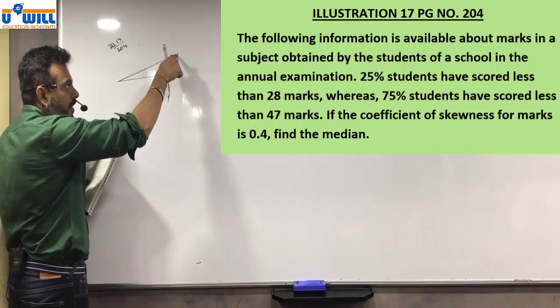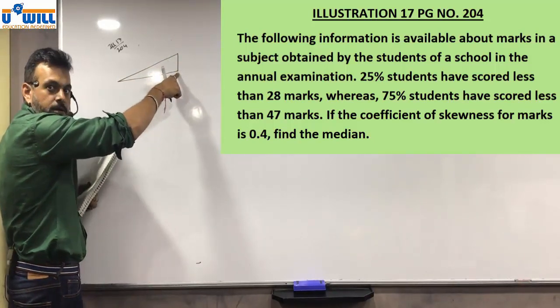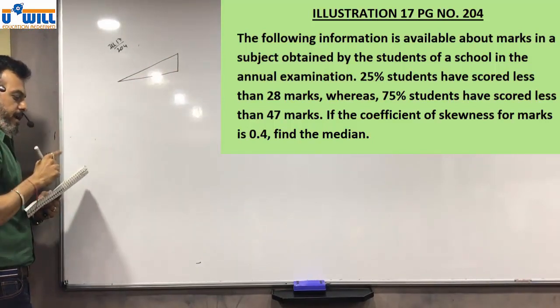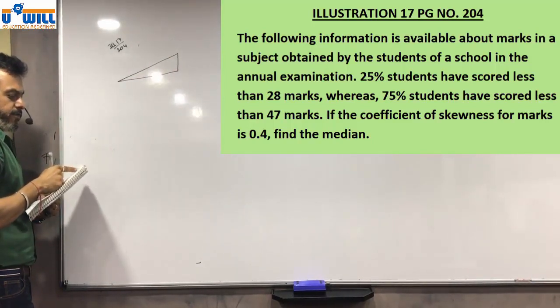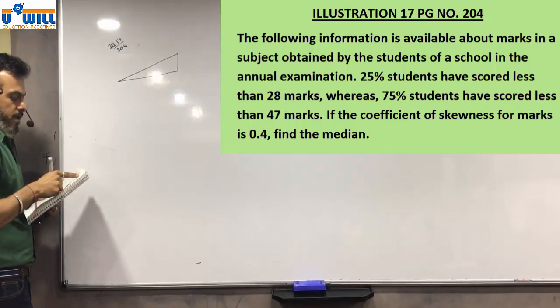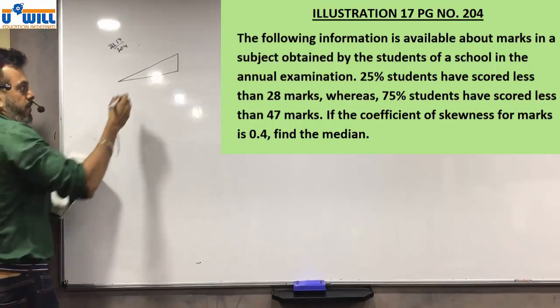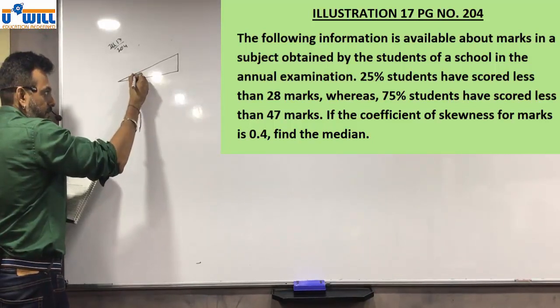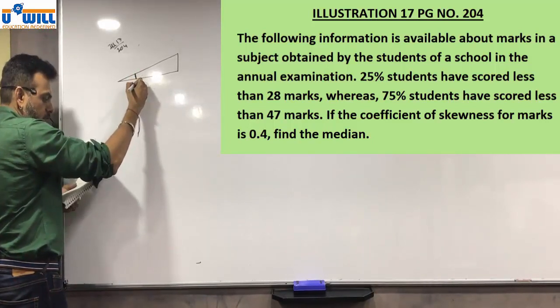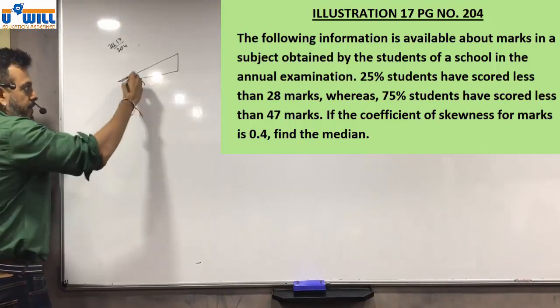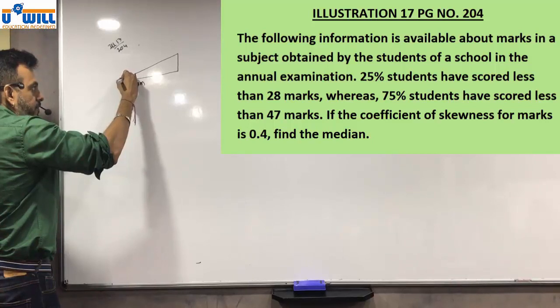The student who got the highest marks is here and the one with the lowest is here. Now it is given that 25% students have scored less than 28 marks. So can I say these are the 25% students?